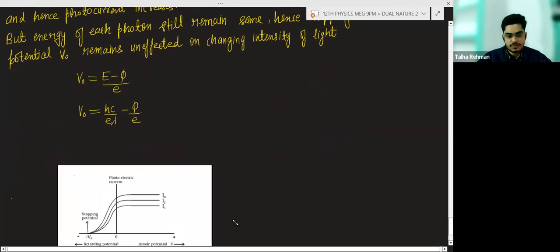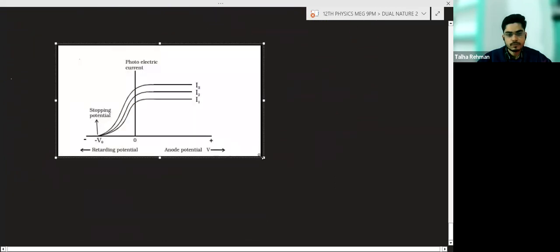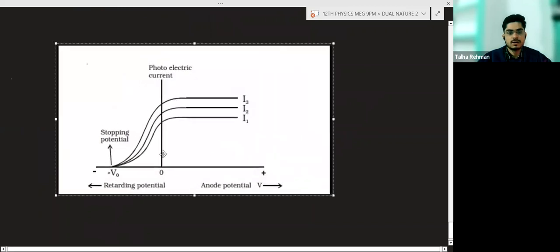Okay, so this is a graph you can see. This is the graph between the photocurrent and anode potential for different intensity of radiation. You can see here stopping potential is the same, but the photocurrent is changing.